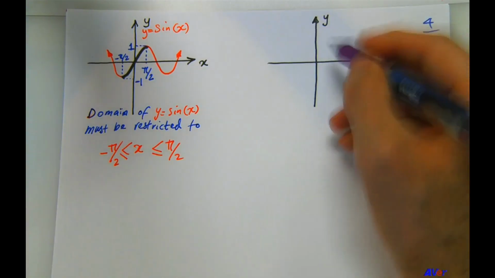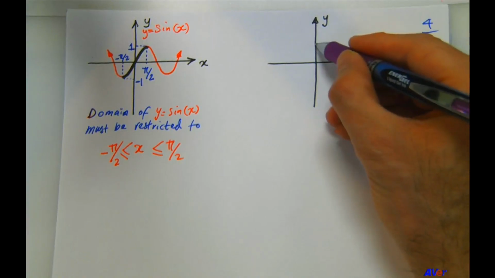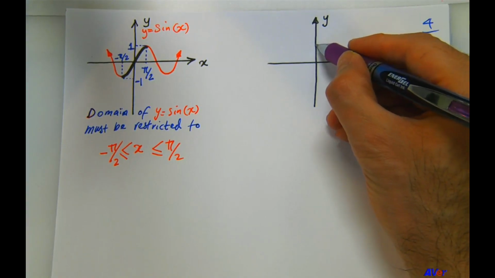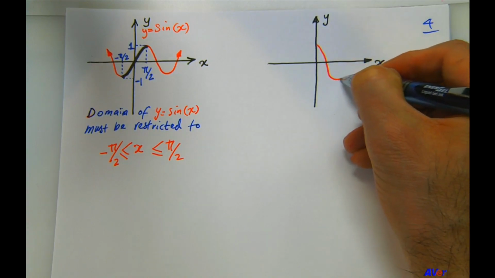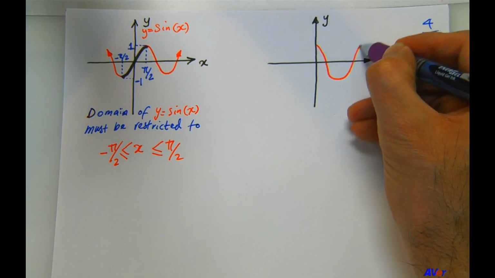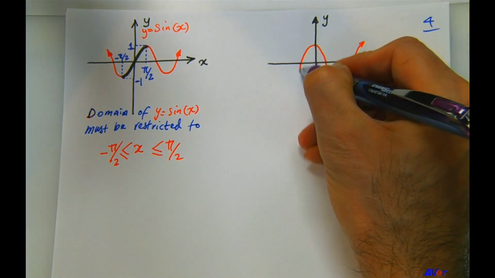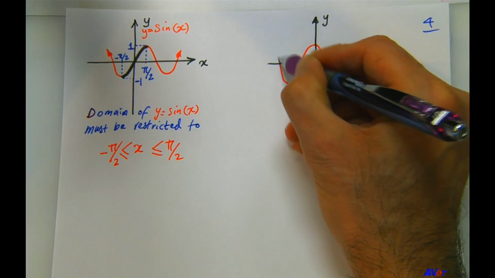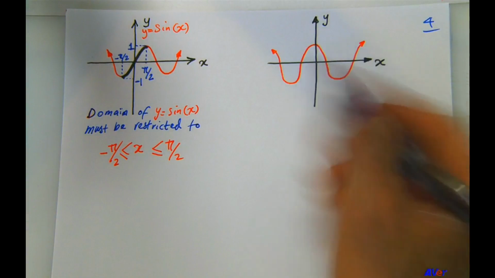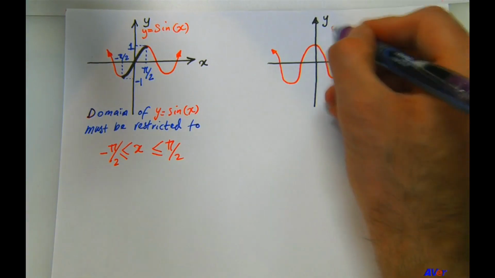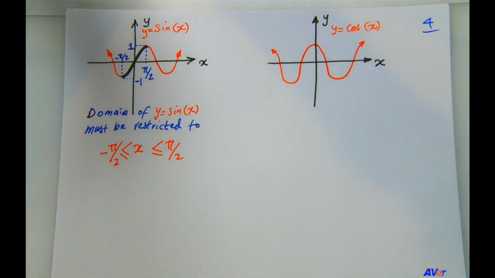So please remember that the cosine function starts from a high point here, comes down like this, curves back up again, goes up like that, and on this side it comes back down, goes up again, and does that. Right? That's roughly what a cosine function looks like. So y equals cosine of x.